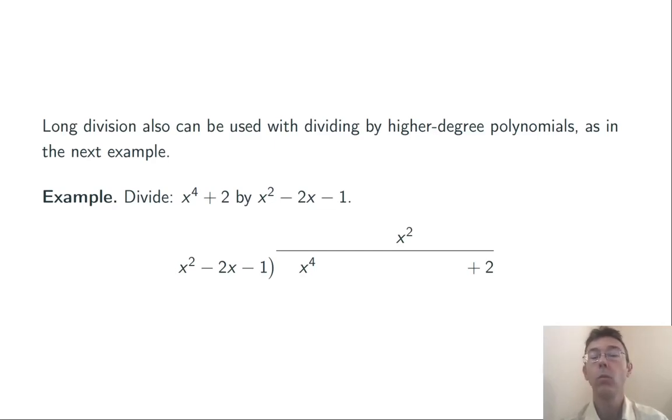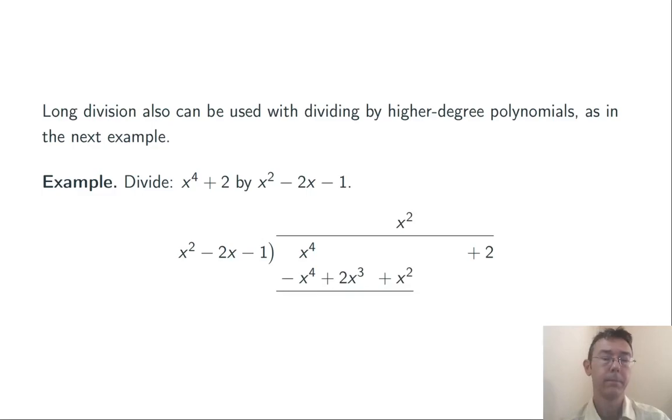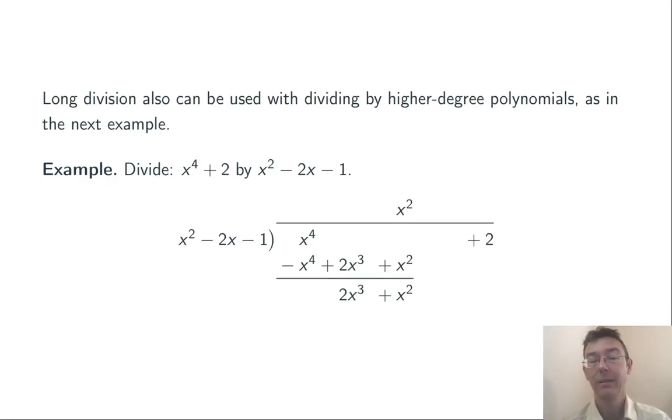More directly, when I multiply the x squared by x squared minus 2x minus 1, I'm going to get x to the third terms and x squared terms that I'm going to need to subtract out. Here's what I mean. I multiply the x squared by that quadratic and change the sign, add to get 2x cubed plus x squared. Now, I'm not going to bring down the plus 2 just yet.